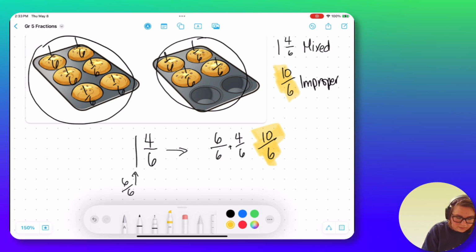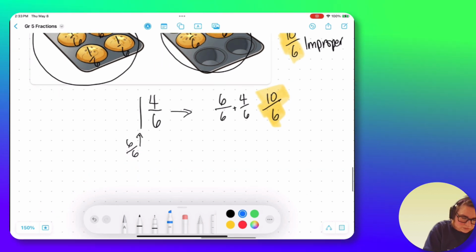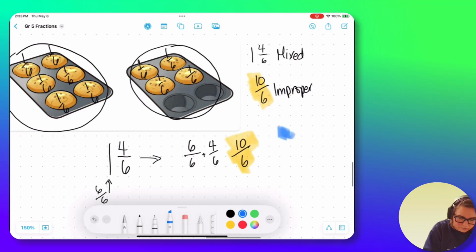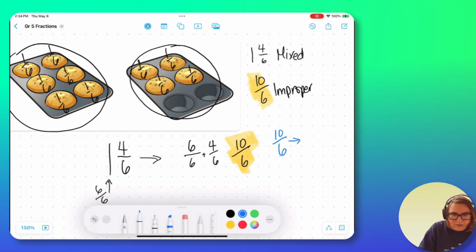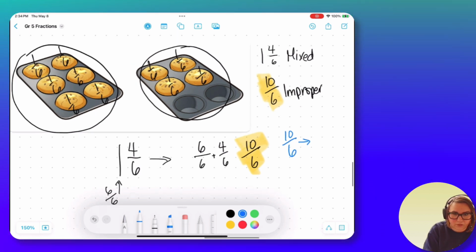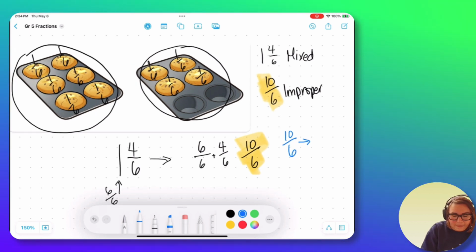Now, if we're going to go the other way from an improper fraction to a mixed number, so 10/6, and we want this to be a mixed number, then we want to think about how many 1/6 there are and how many 1/6 make up a whole.